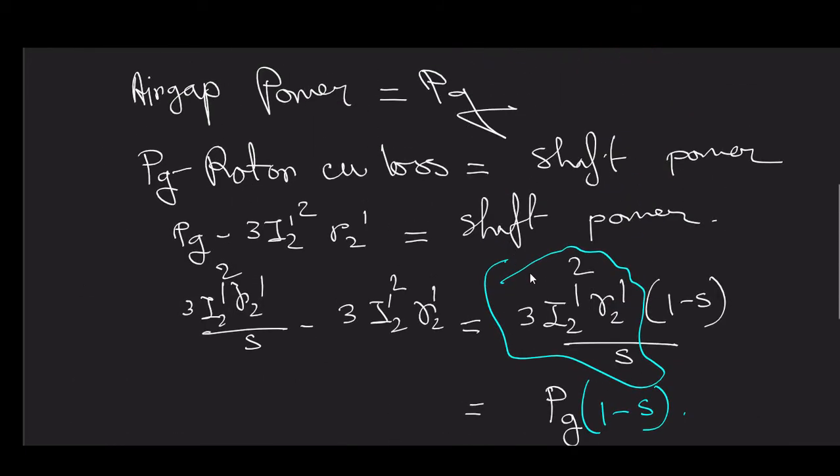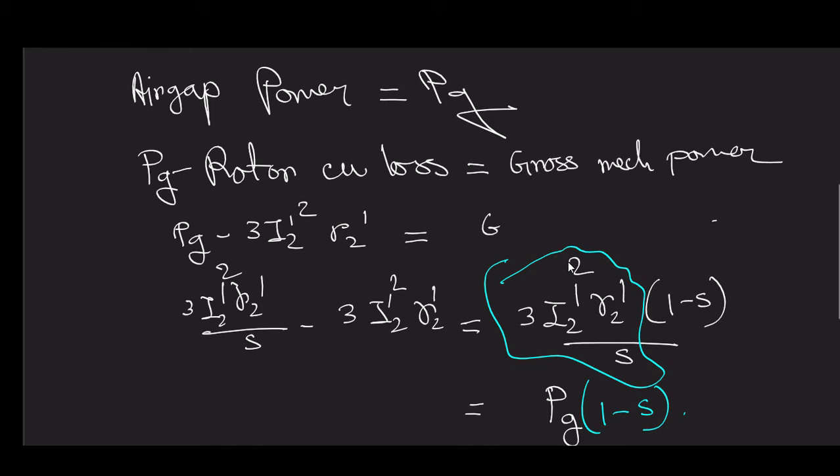This Pm, if we consider it is the shaft power, actually this is not shaft power. We can say that it is gross mechanical power. Here it is also gross mechanical power.